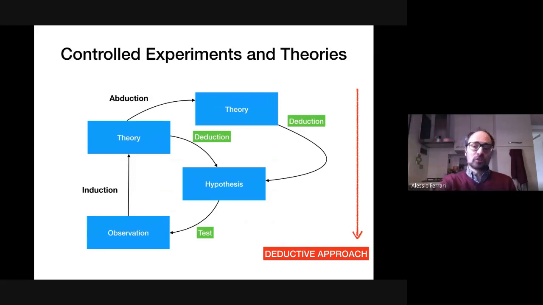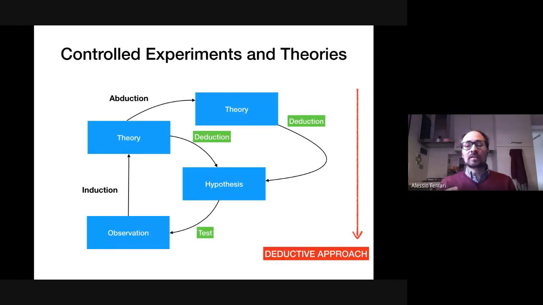They are not using induction, but deduction. I have a certain theory, taken from the literature or observed from a previous, more exploratory study, and I formalize some hypotheses from this theory. And then what I want to do is to test the hypothesis.